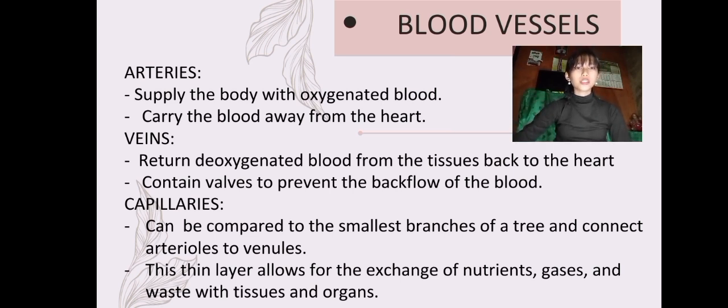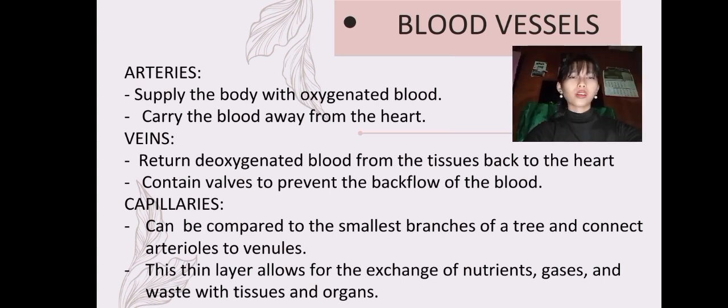The second is the veins. Veins return the deoxygenated blood from the tissues back to the heart, and they contain valves to prevent the backflow of the blood. The third one is the capillaries.